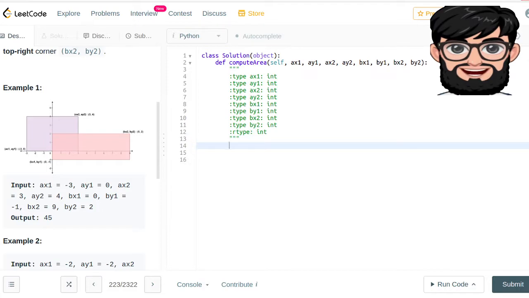So first of all, we're gonna be calculating the overlap. So the overlap, if you look at the x coordinate here, first of all we are trying to find the length of the overlap. In order to do that, either it's gonna be some positive number or it's gonna be 0.